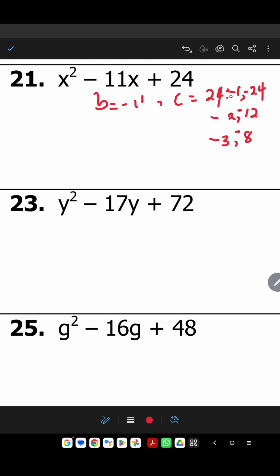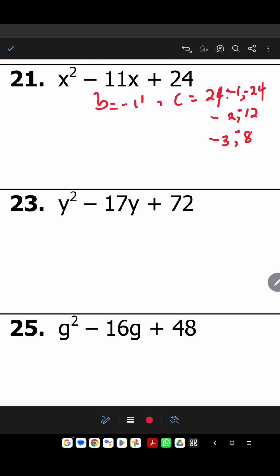So if we multiply a negative 1 times a negative 24, then our result will be positive 24. If we add these numbers though, a negative 1 plus a negative 24, guess what? We will have a negative 25. So the first pair we can't use. Let's go to the second pair. Our second pair is negative 2 times negative 12, and that will give us a positive 24.